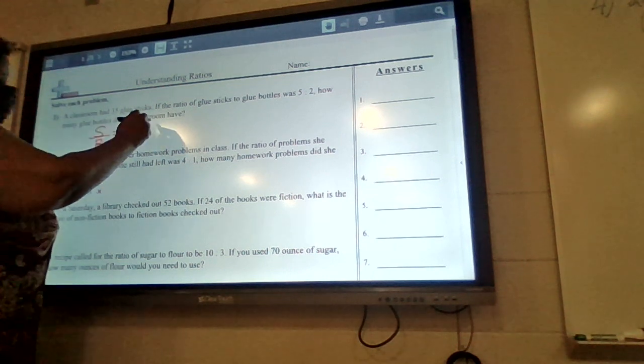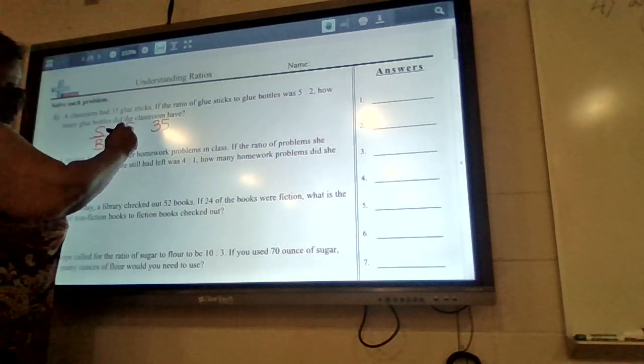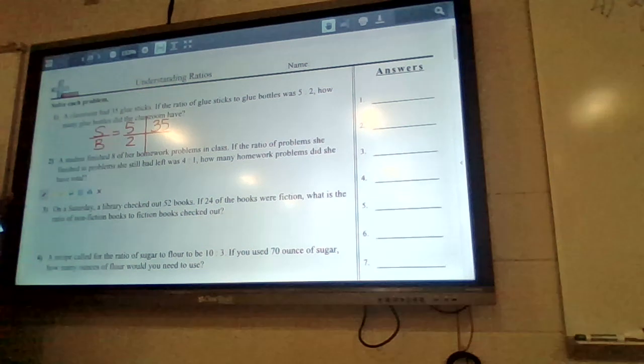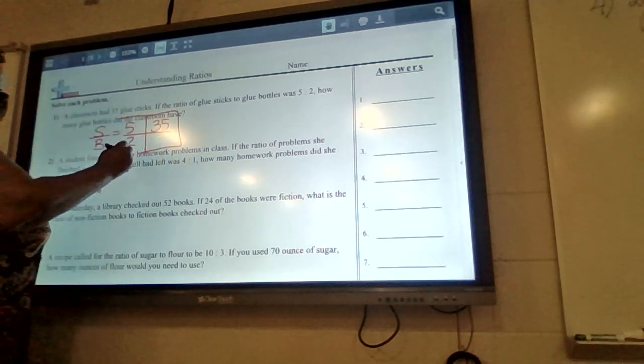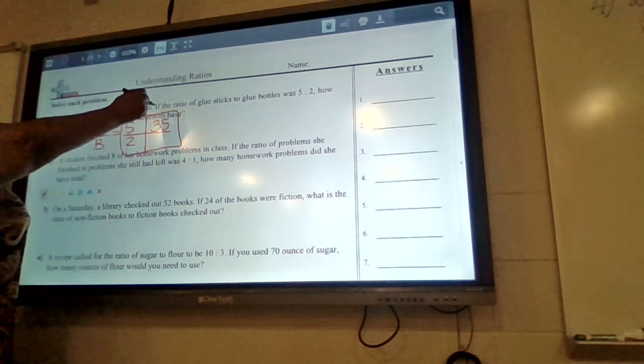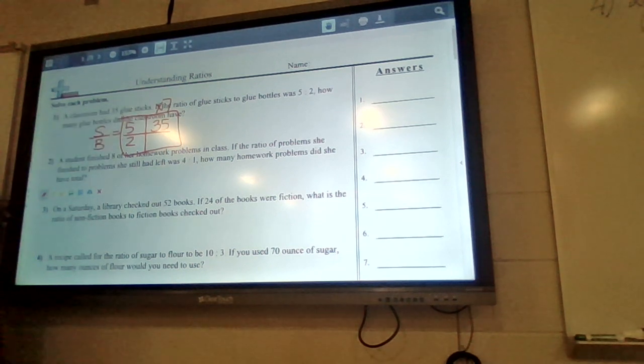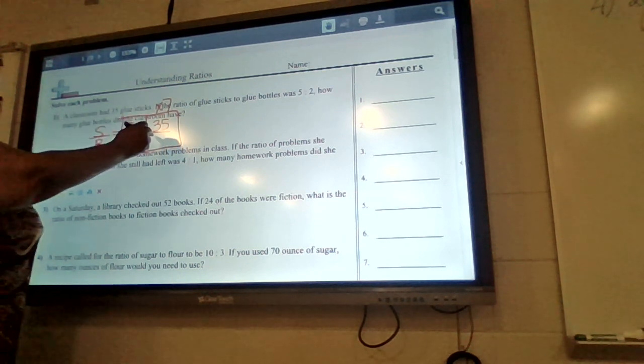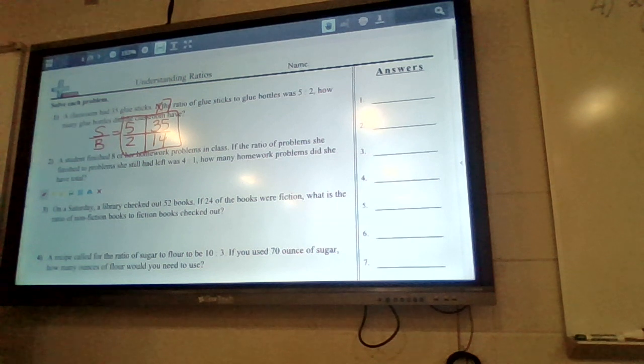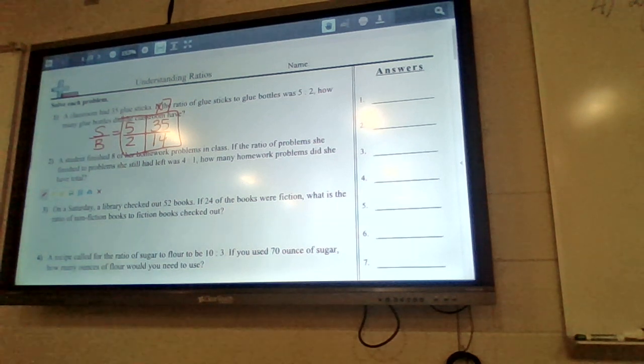And if they had 35, so think about it as those tables we did. How many bottles? So this is 5 times 7, correct? So 2 times 7 is 14. So they had 14 bottles of glue.